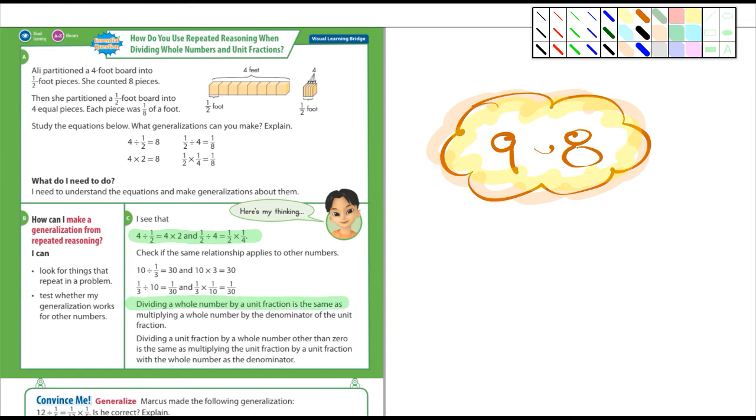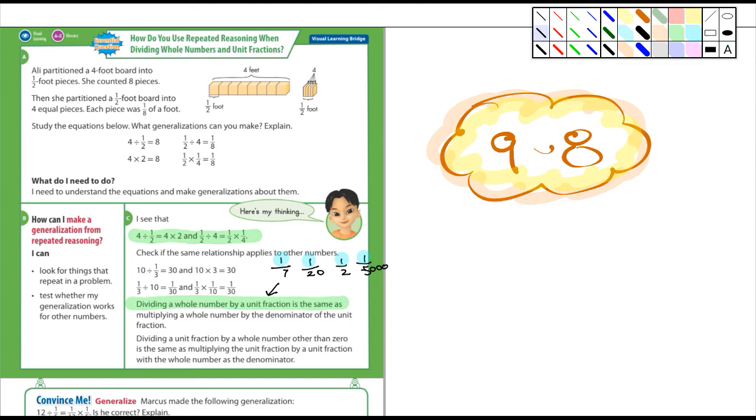Now remember, a unit fraction is any fraction where the numerator is 1. So 1/7, that's a unit fraction. Just like 1/20 is a unit fraction. 1/2 is a unit fraction. 1/5000 is a unit fraction. Again, any fraction with a numerator of 1 would be a unit fraction.